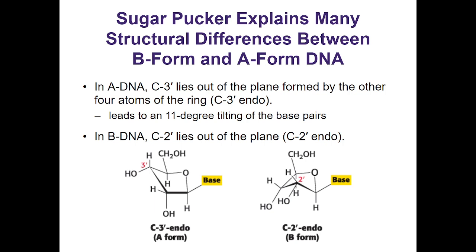The sugar pucker actually explains many structural differences between the B form and A forms of DNA. This is the sugar pucker, by the way. So in the A form here, right here is your oxygen, this is your base. See that, okay? In the A form, it actually does the envelope structure. Remember the envelope structure from five-membered rings back in organic chemistry?